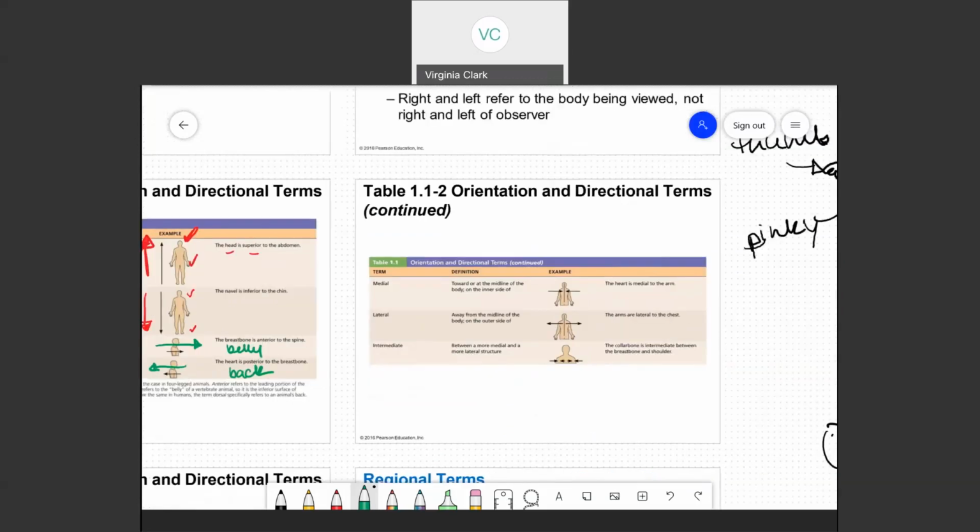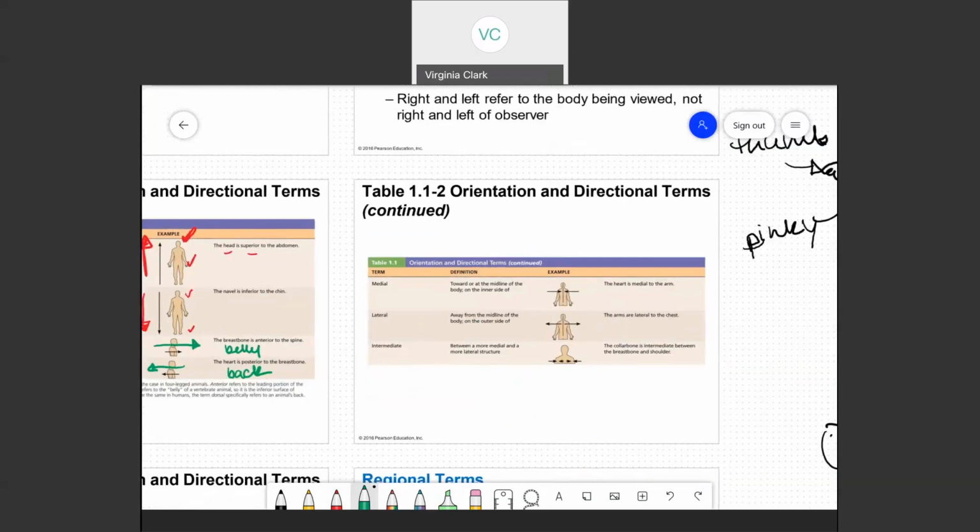Another set that go together are going to be medial and lateral. This is going to be looking if you split the body directly down the middle. If you were to drop a plumb line directly down the body, medial is going to be toward that middle section. You're going in to the body.